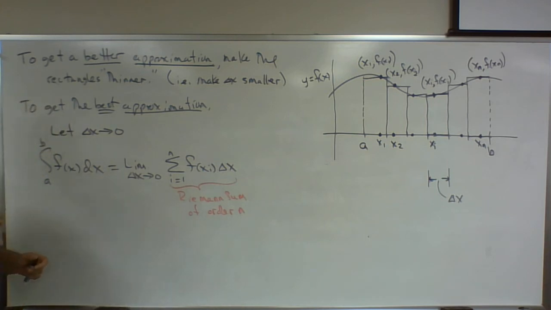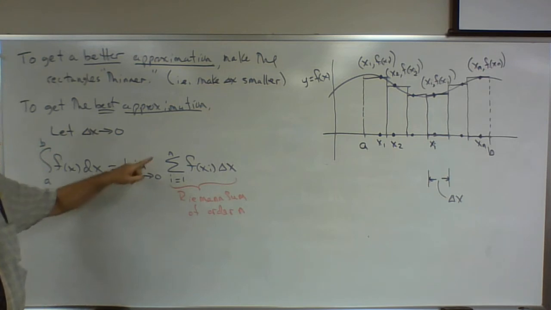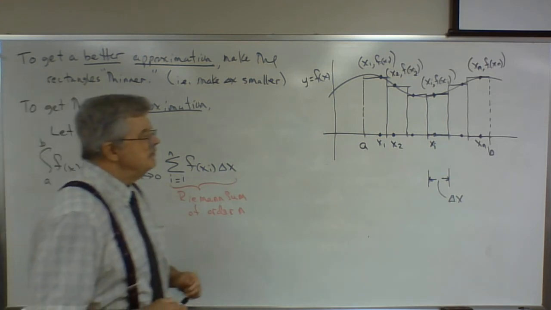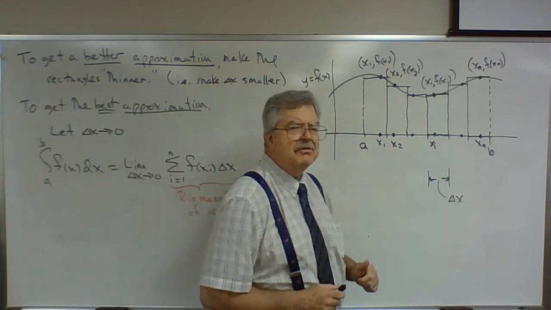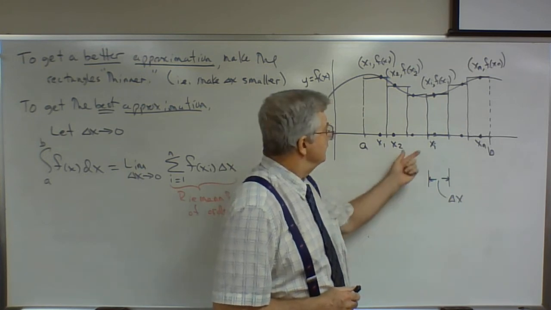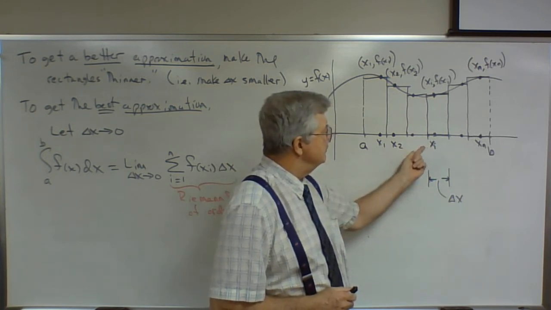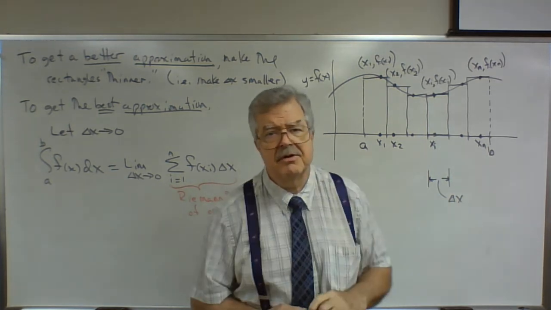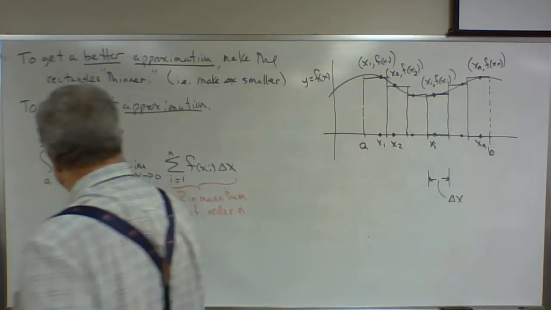So we let delta x go to 0, and we wonder what happens to that n. Well, n is the number of rectangles. So as the width of the rectangles goes to 0, the number of rectangles goes to infinity. Son of a gun.